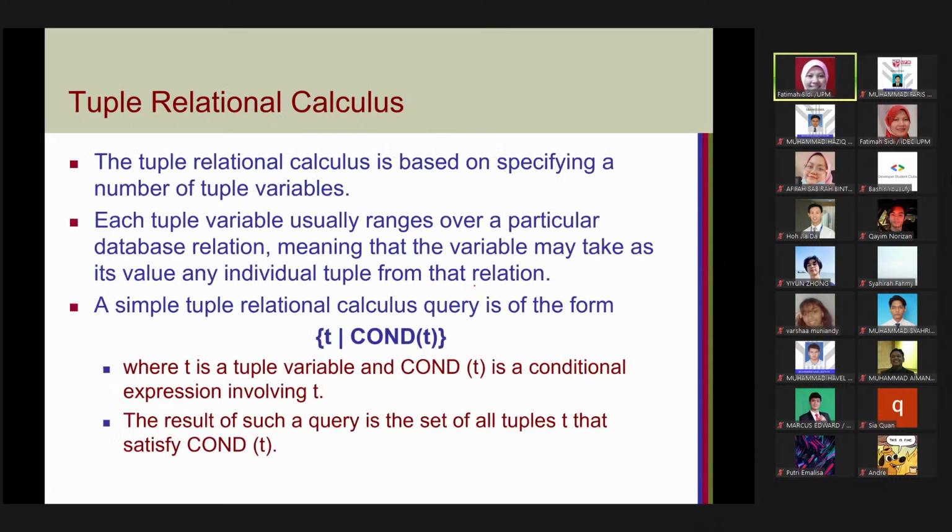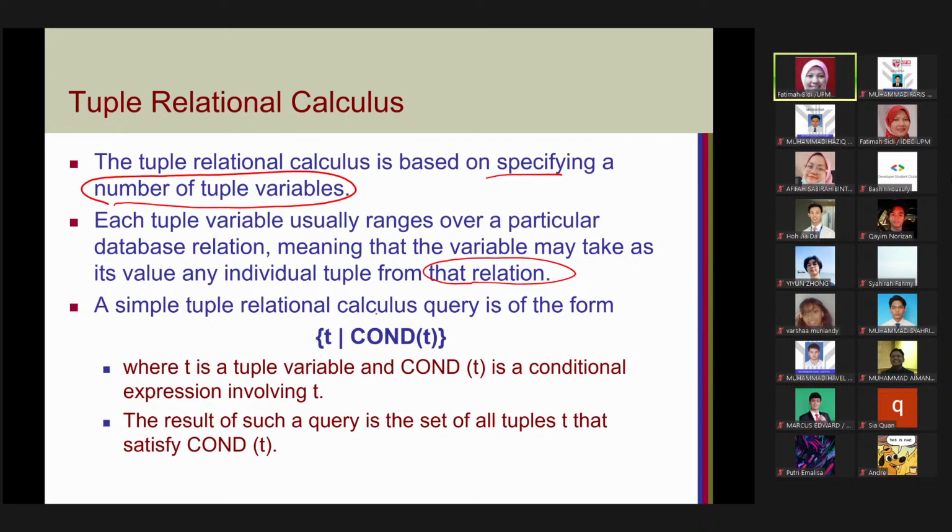So let us look at how to write the relational calculus. The tuple relational calculus is based on specifying a number of tuple variables. So each tuple variable usually ranges over a particular database relation, meaning that the variable may take as its values any individual tuple from the relation.